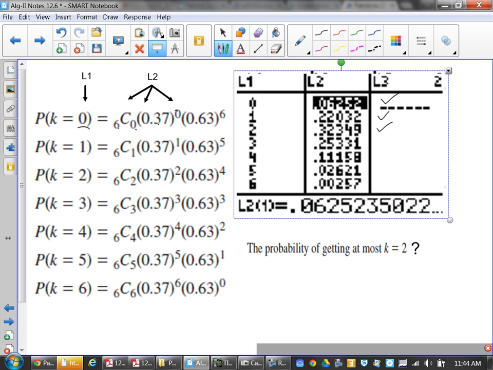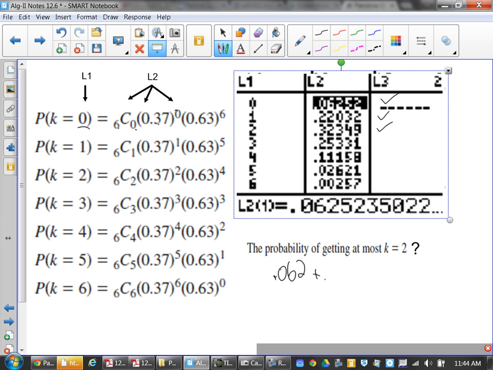What do I do with those 3 percentages then? I have to add those up. This is one of those things where they're going to ask you at most, at least. The probability of getting at most 2 successes, well, it's going to be 0.006.